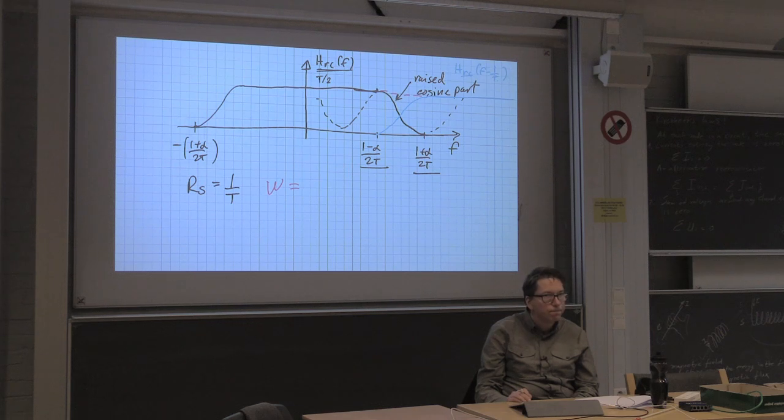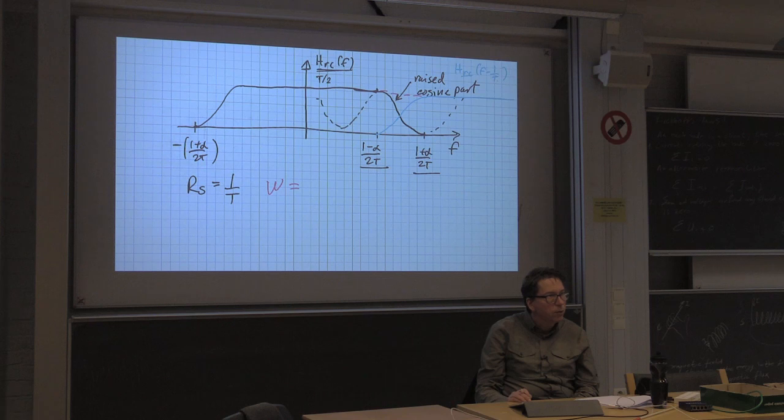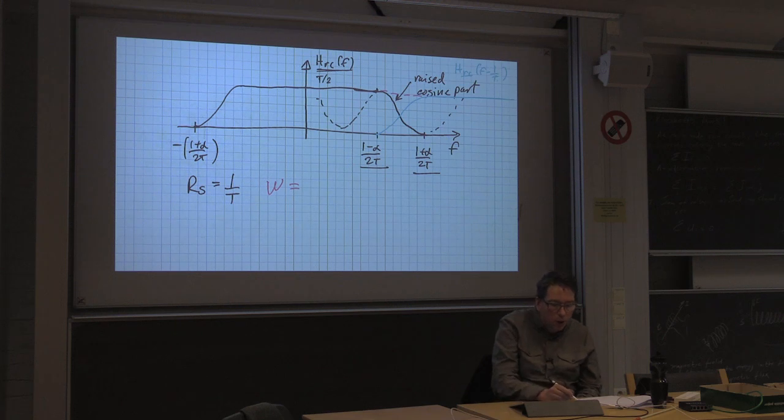Anyone? It's the maximum frequency component minus the smallest positive frequency component. The smallest frequency component is here, the maximum frequency component is here. So this is W, which is (1 plus alpha) over 2T.